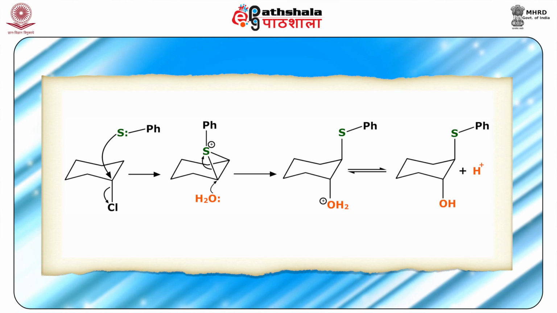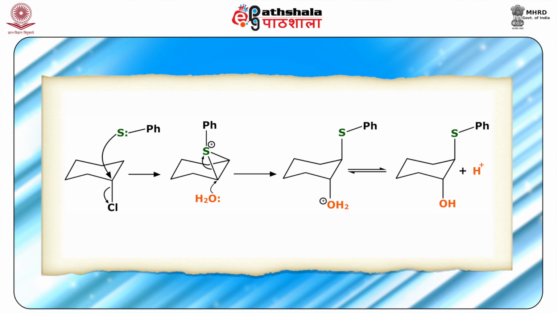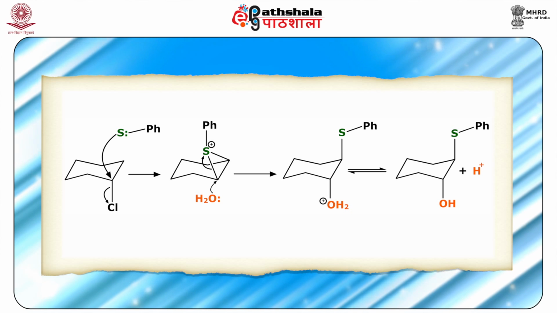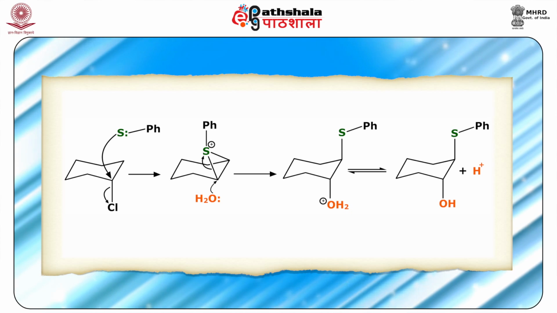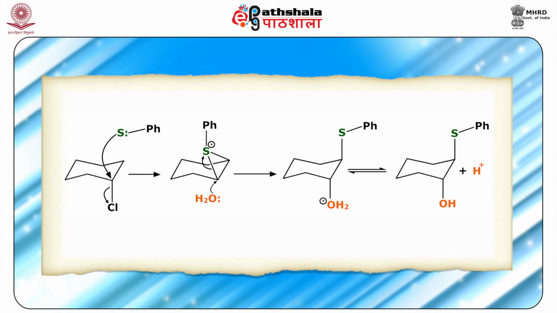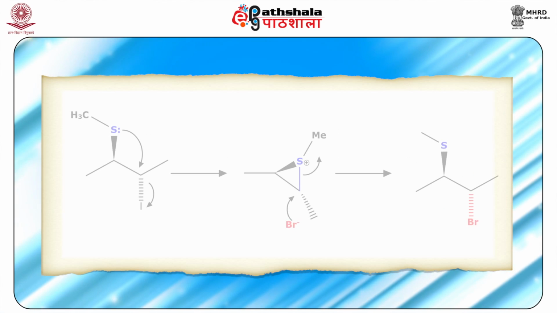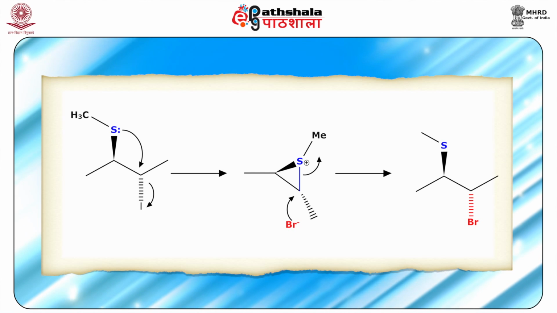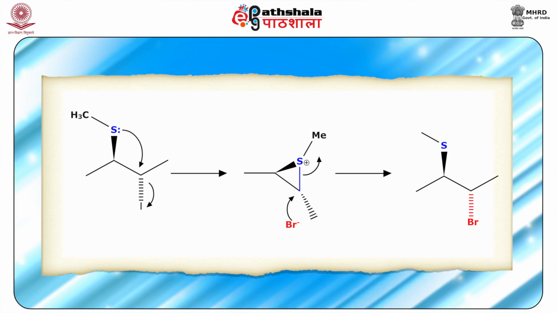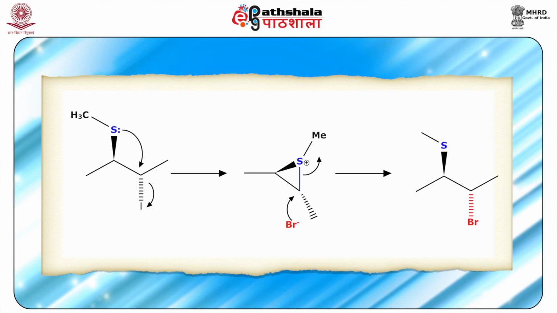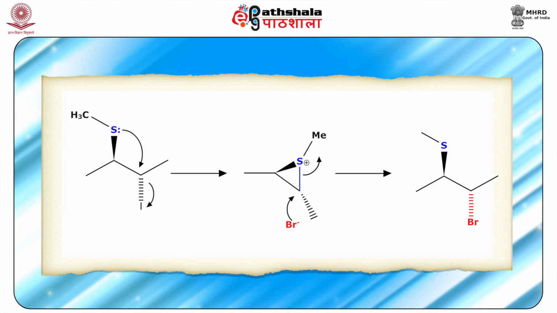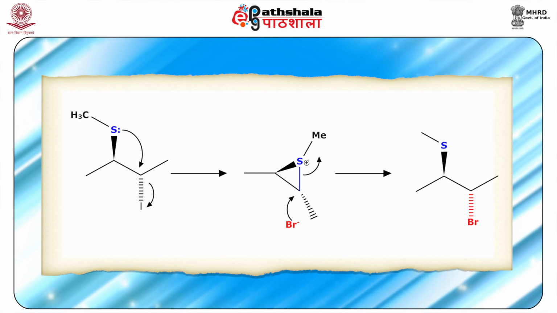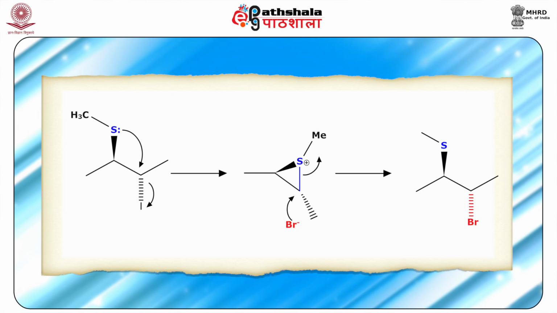Since the backside attack requires both substituents to be in axial positions, only the trans isomer, which has both of its substituents axial, reacts faster. Subsequent attack by water or ethanol on the sulfonium ion is further facilitated as the positively charged sulfur is an excellent leaving group, and breaking the 3-membered ring releases the angular strain.